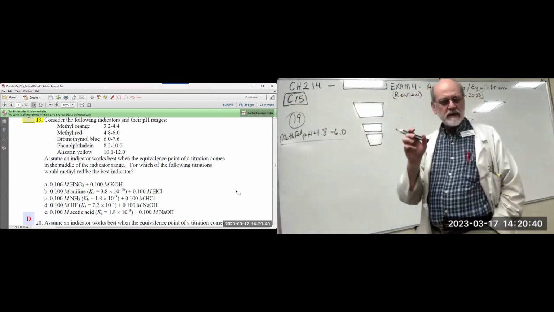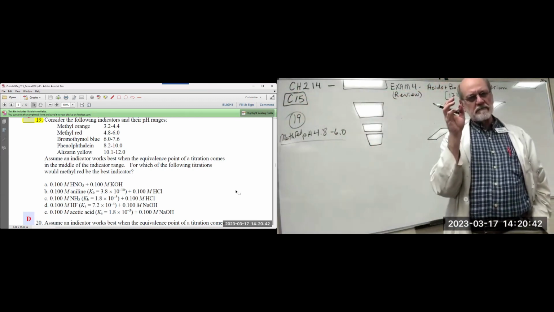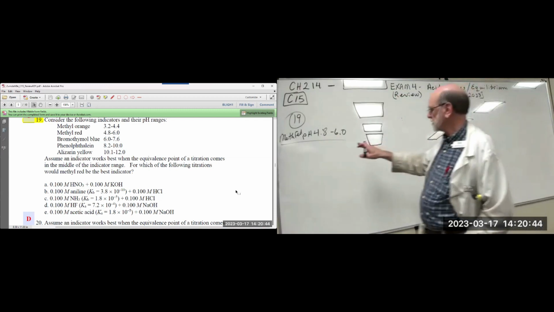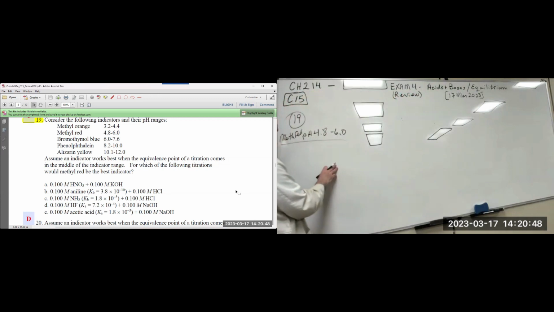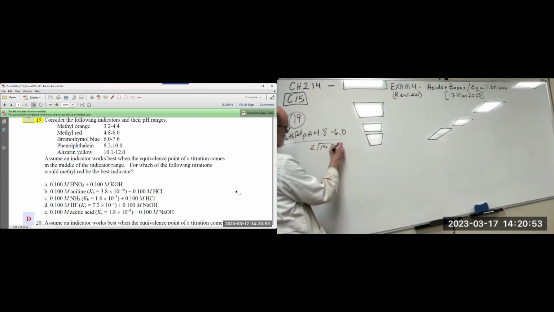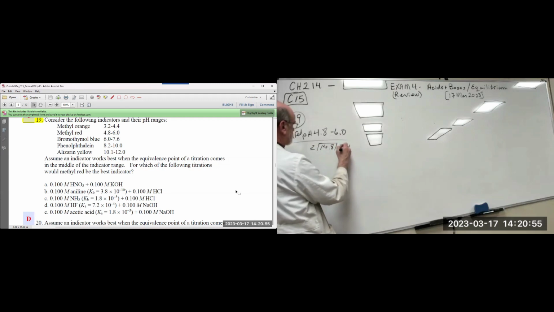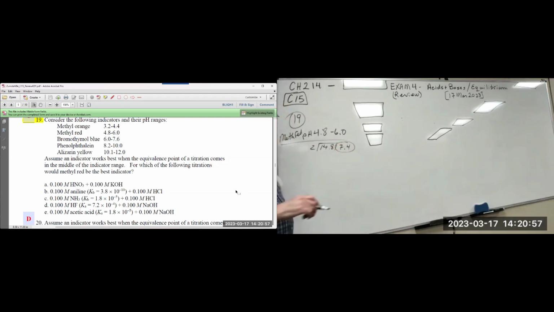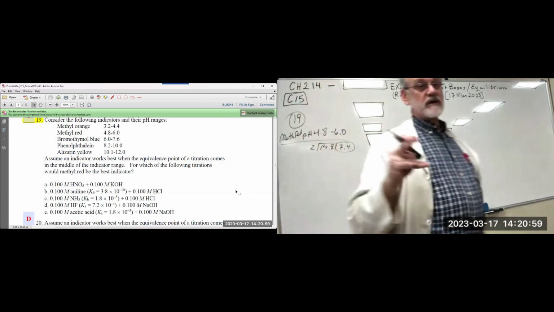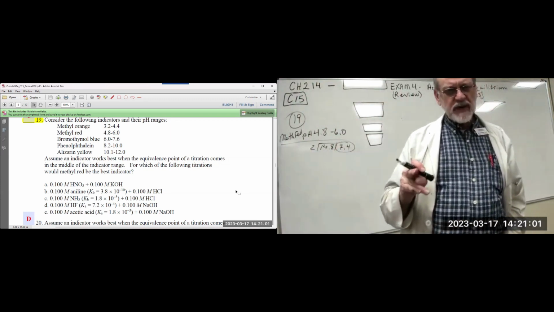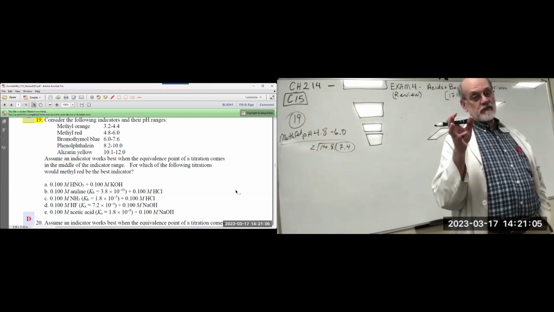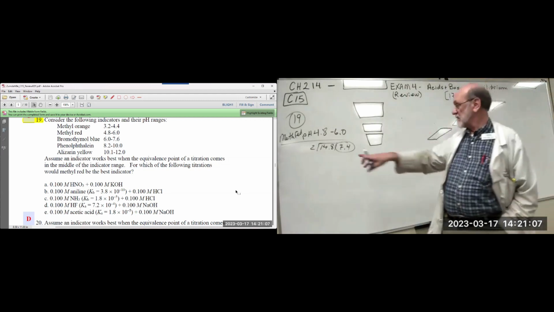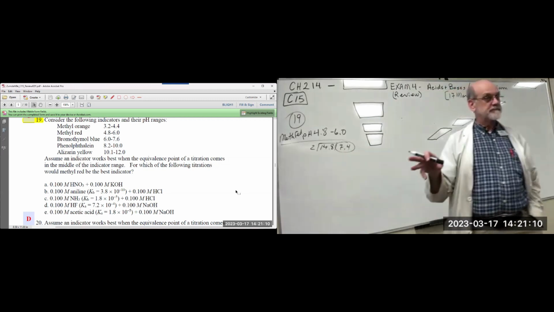So what we want is, what's the middle of this range? 4.8 plus 6.0 is 10.8, divided by 2 is 5.4. So 5.4 would be the middle of that range. Have we got one where we're expecting the end point, the stoichiometric point for the reaction, to be near there?